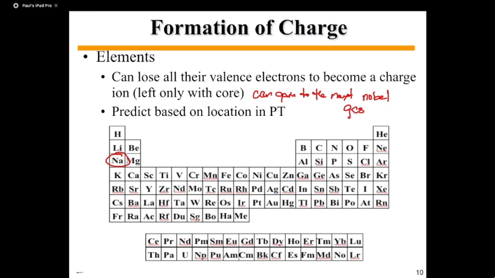Another name for that column is the inert gases. If any element is at Disneyland, the happiest place on earth, these are the ones. They are happy because the number of electrons around the nucleus is perfectly balanced.